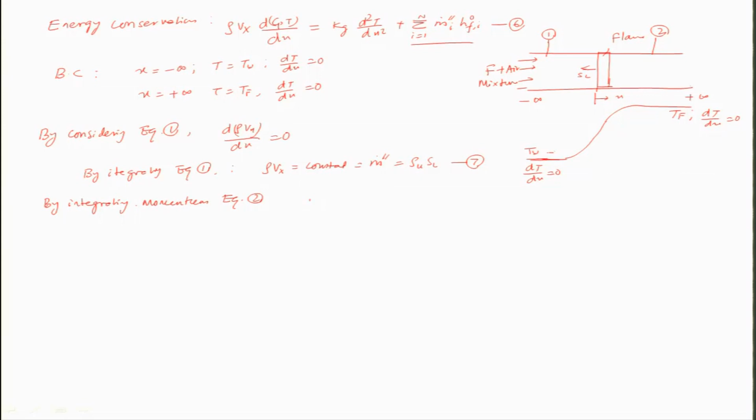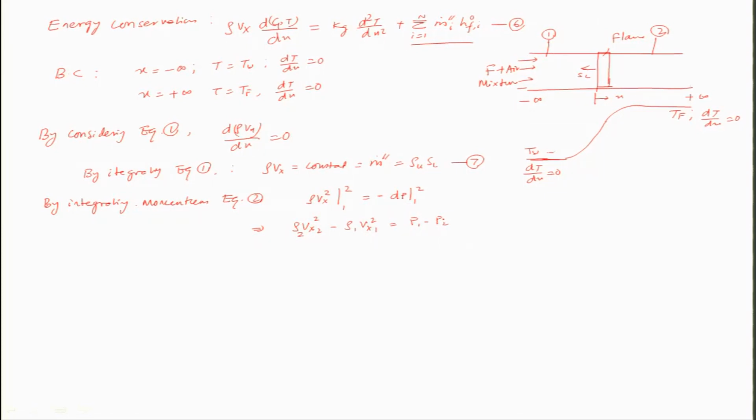I will get rho Vx square, from station 1 to 2, is equal to dP, of course this will be minus, 1 to 2. I can write down what we have already done: rho 2 Vx2 square minus rho 1 Vx1 square is equal to P1 minus P2.